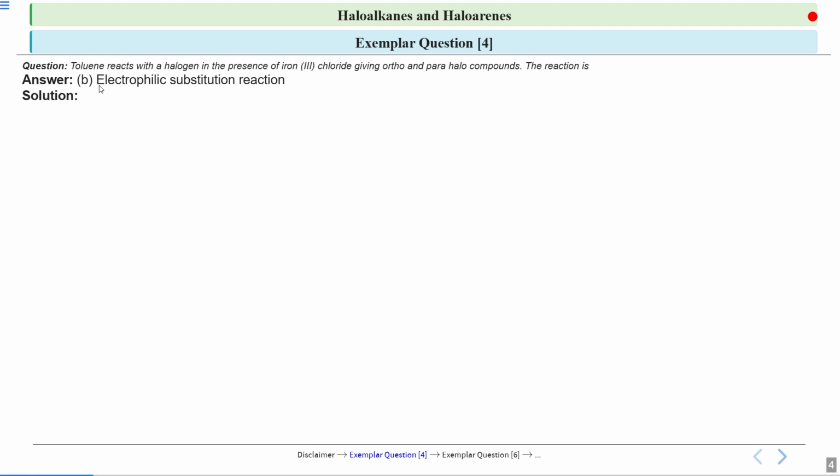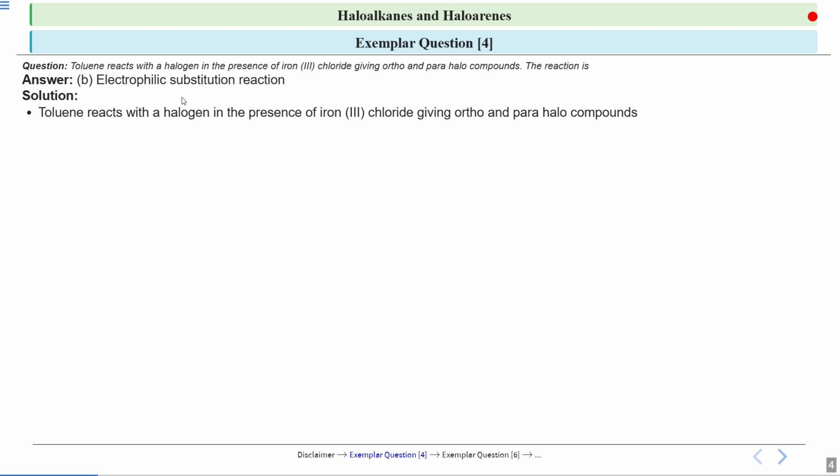So this question's correct answer is option B, electrophilic substitution reaction. How is it an electrophilic substitution reaction? Toluene is basically a benzene ring connected with a methyl group, right?